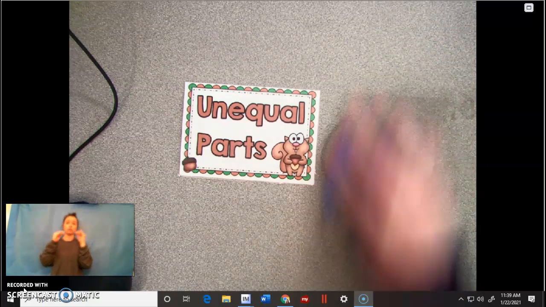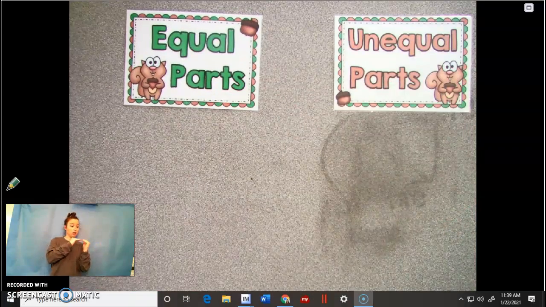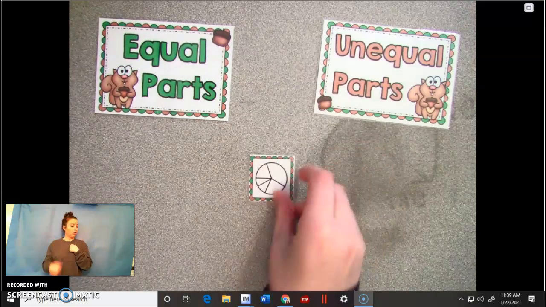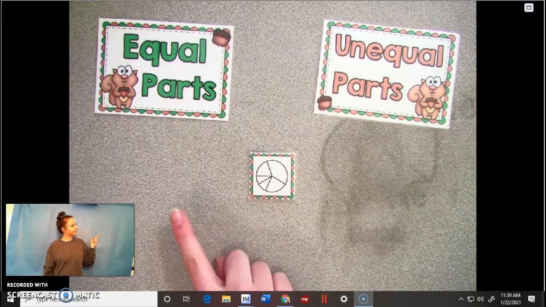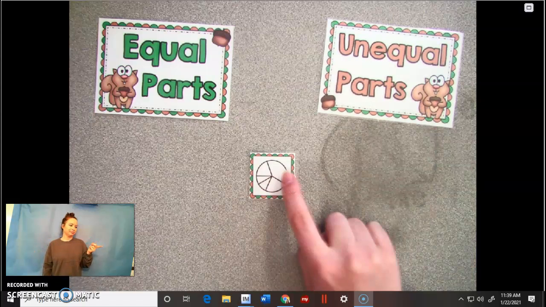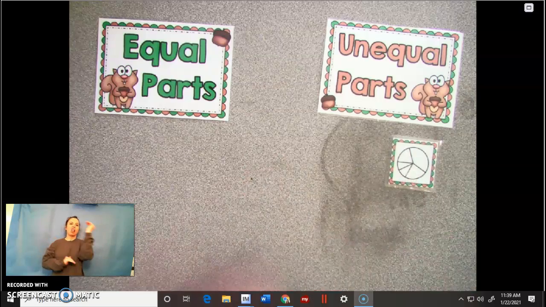All right, let's sort some shapes for equal and unequal. All right, let's look at the first one. Is this shape equal or unequal? Good, it's unequal. There are really big pieces and really small pieces, so he's going to go over here.